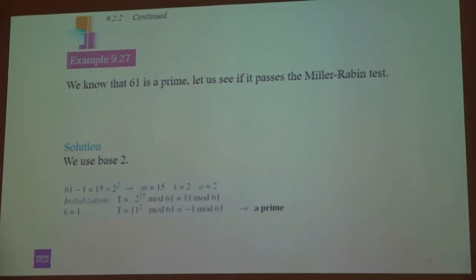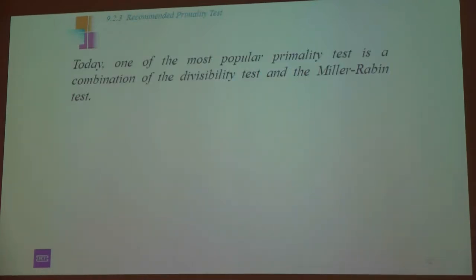If it gives you minus 1, it's a probable prime. If it gives you plus 1, then it's not a prime. If it finishes before it gives you plus 1, it's maybe. So that's another algorithm for testing.